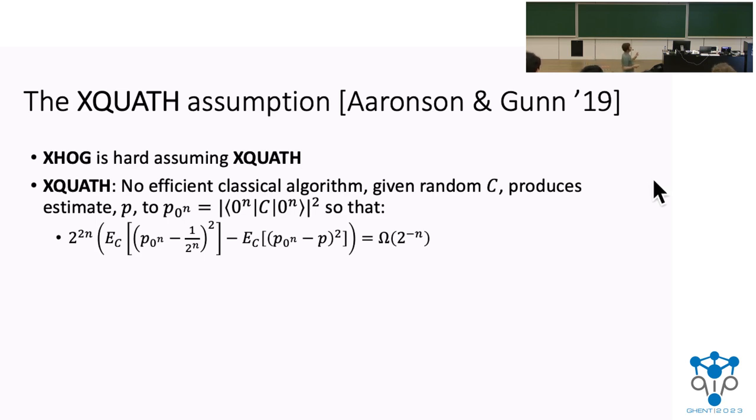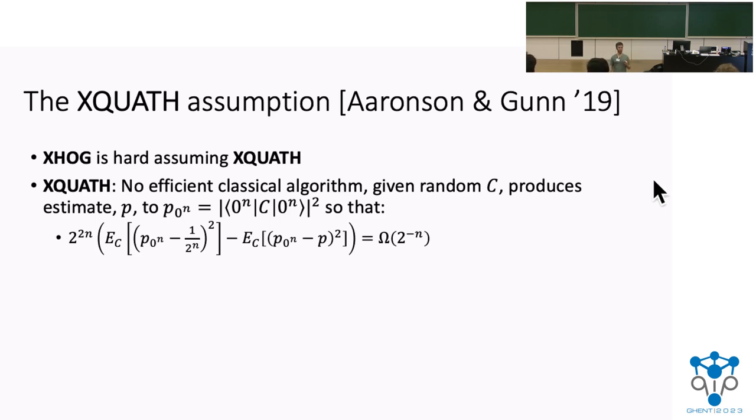And the second quantity refers to the error made by the algorithm that outputs an estimate p to p0, the output probability. What we're trying to say is that if we measure how well these two algorithms score by mean squared error, that's this expectation of the square, there's no way to do a little bit better, and a little bit means anything greater than 2 to the minus n, over the trivial algorithm that outputs 1 over 2 to the n regardless of the input.